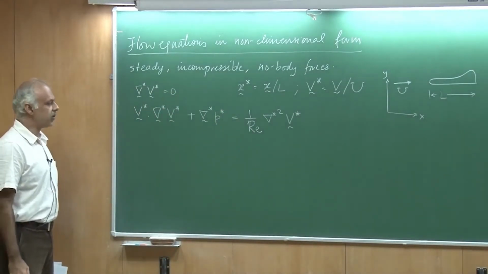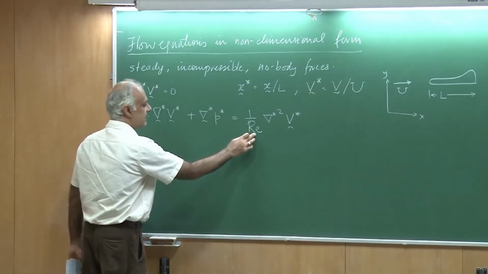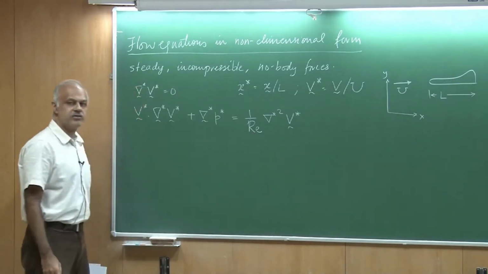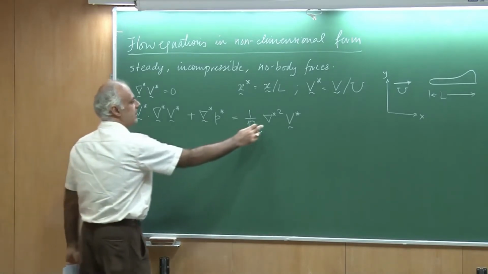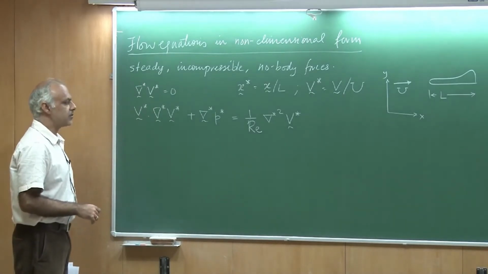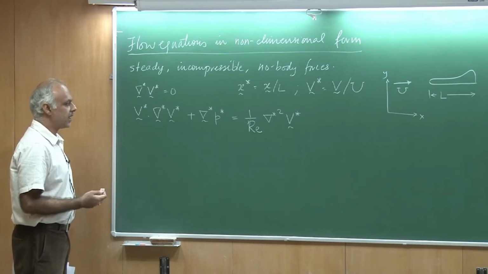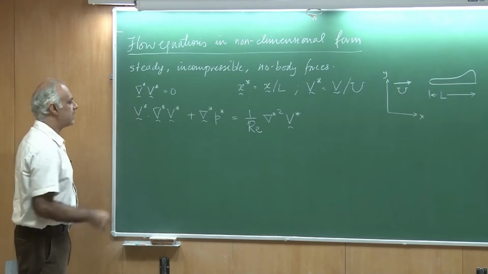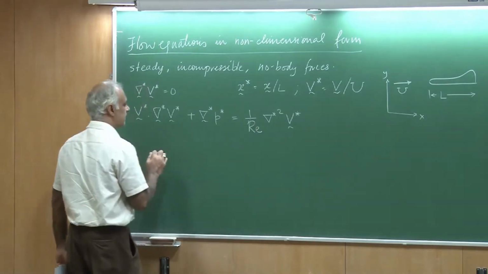So these were the non-dimensional equations, and what we could see is that instead of the coefficient of viscosity, which was the coefficient of the Laplace term, that now has been replaced with 1 over Reynolds number. So the 1 over Reynolds number comes out as a parameter that helps us understand the magnitude of the various terms.